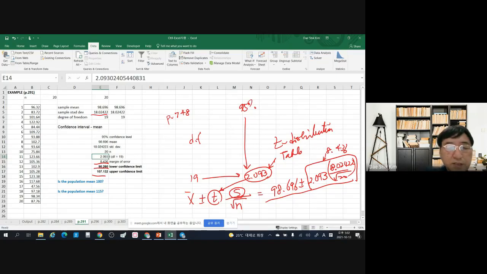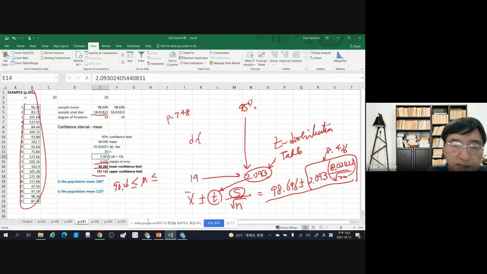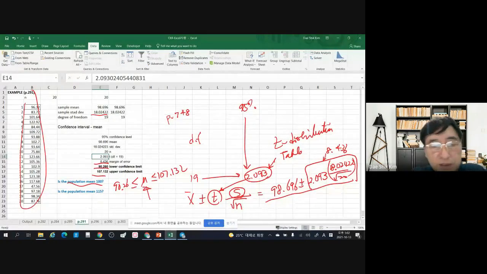The question is, is the population mean mu of 100 correct? Based on our 20 samples, mu may be bigger than 90.26 and less than 107.132. Is 100 within here? Yes. So the first answer is yes.